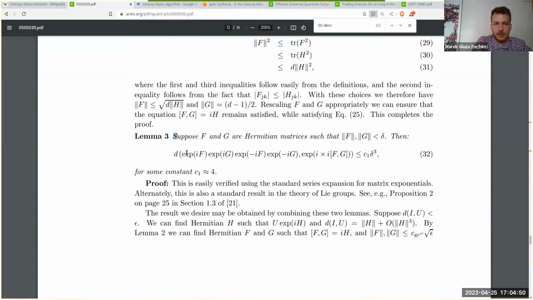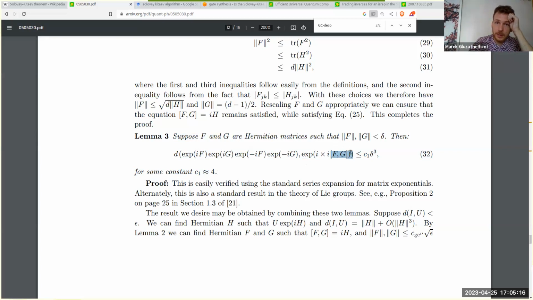This is more or less the group commutator bound expressed a little differently than I was showing it, but I was improving the constant C from this to the commutator of F and G. That's the improvement in the previous sessions.